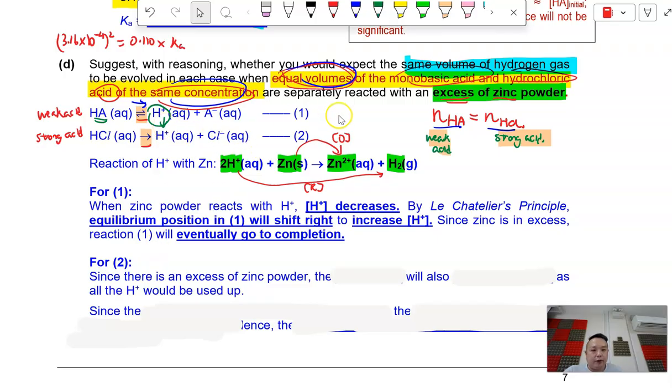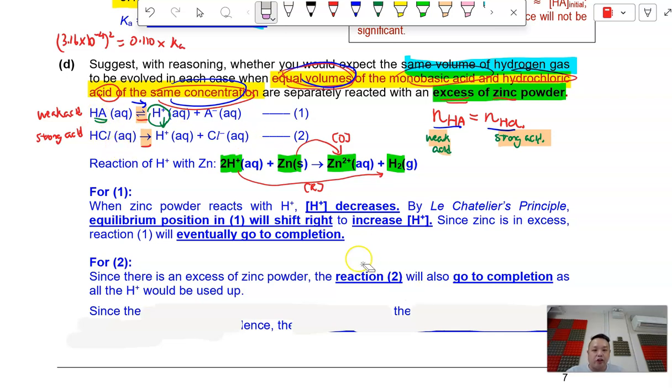Now for reaction 2, because it's an irreversible reaction, all the H plus is already dissociated, so with excess zinc, reaction 2 will also go to completion as all the H plus will be used up. So if I look at reaction 1, a reversible reaction, and reaction 2, because in this context zinc is used in excess, it doesn't matter whether it is a weak acid or strong acid.